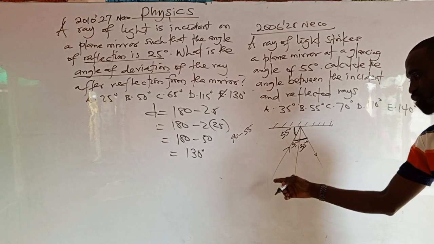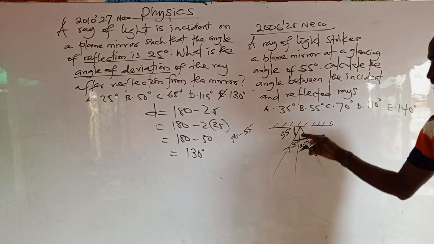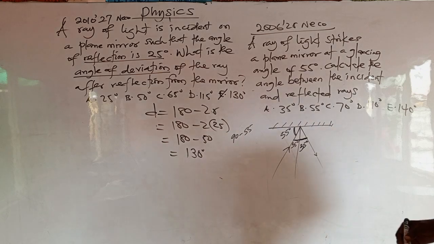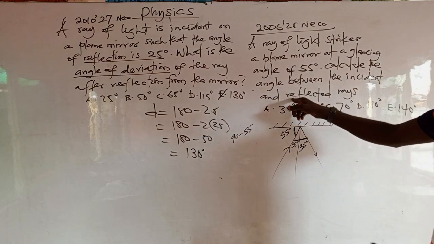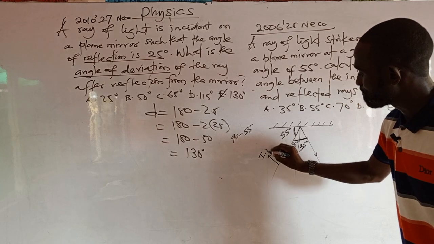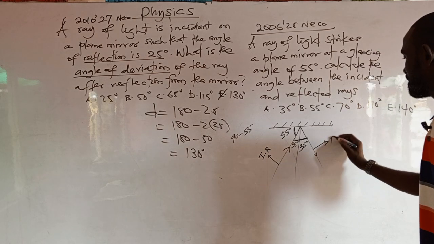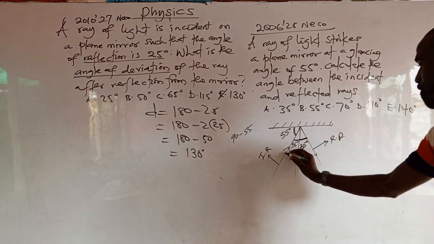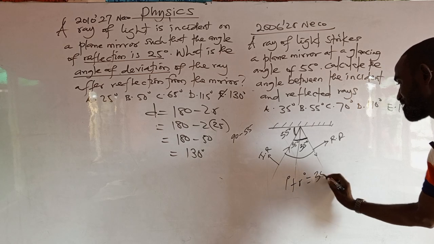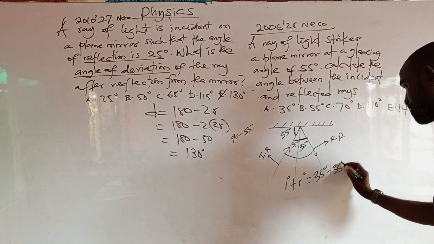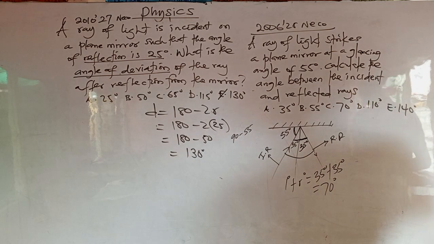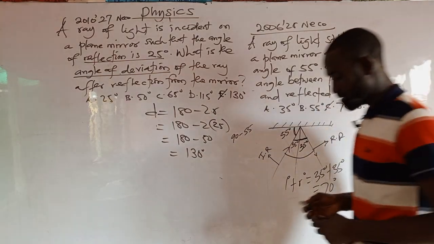This arrow shows the incident ray going in, and this arrow shows the reflected ray coming out. So what is the angle between the incident ray and the reflected ray? It is 35 degrees plus 35 degrees, which is 70 degrees. The correct answer to this question is 70 degrees.